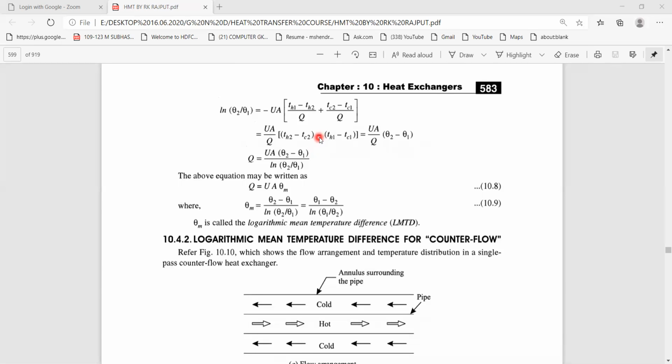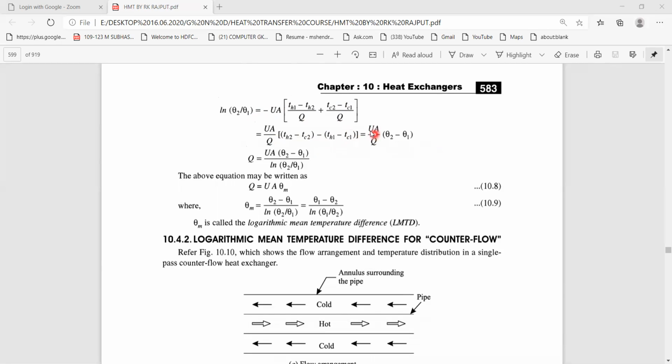Take the minus sign outside the bracket, so you'll get Th2. After multiplying with the minus sign, you will get minus Th1. As we are taking the minus sign outside the bracket, you will get plus Th1 inside the bracket. Here minus into minus, you will get plus Tc1. As we are taking the minus sign outside the bracket, you will get minus Tc1. This is simple mathematics, you can do it.